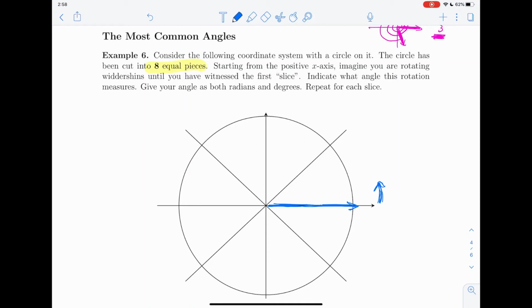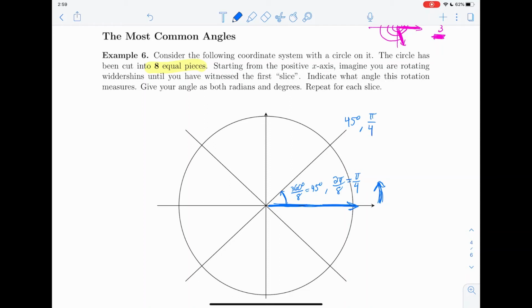Of course, if we get to the first pizza slice, we cut our pizza, which was otherwise 360 degrees worth of pizza, into 8 slices, so this is going to be 45 degrees. So this is 45 degrees. Similarly, however, you could have started in radians and said, okay, it's a full revolution, 2 pi divided by 8 slices, and that's going to be pi over 4. So 45 degrees is the same as pi over 4, and you might write it up there.